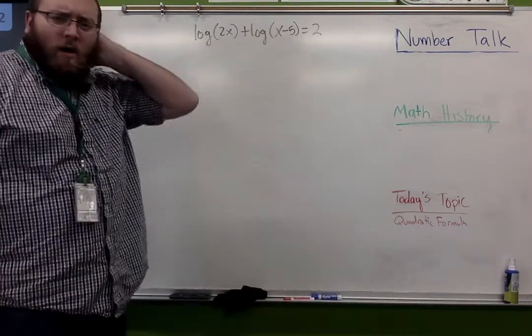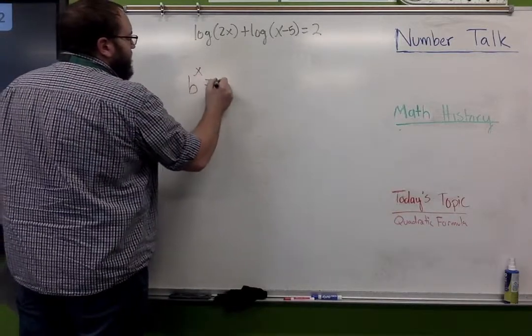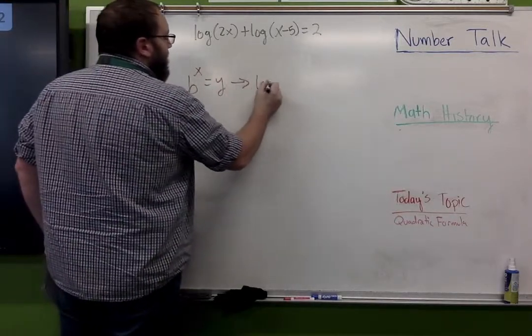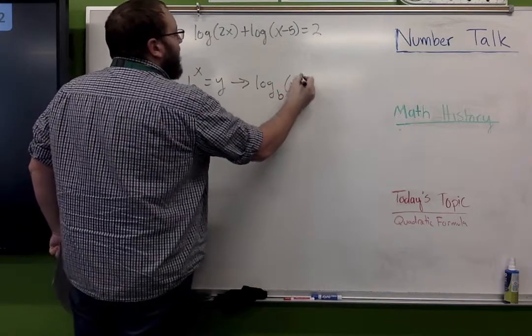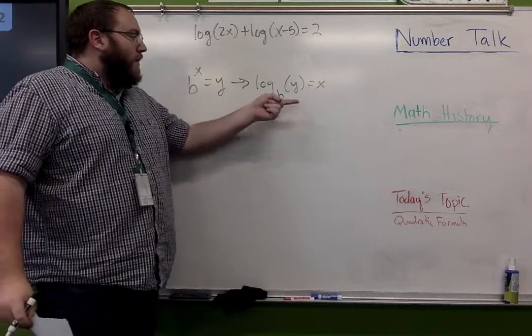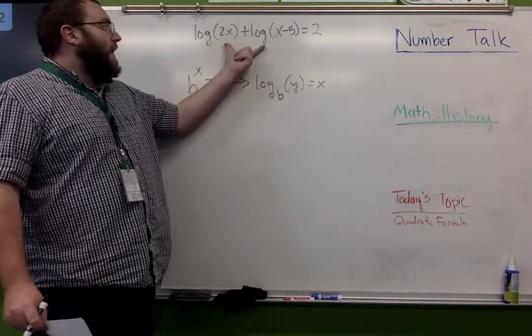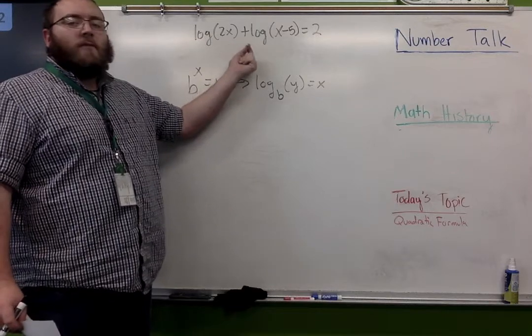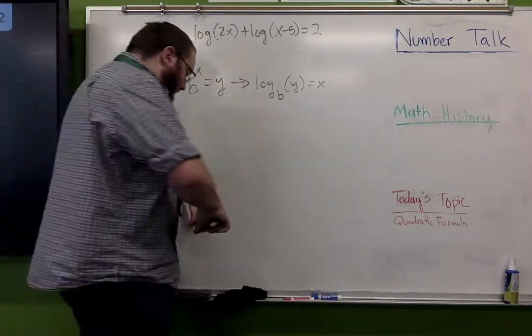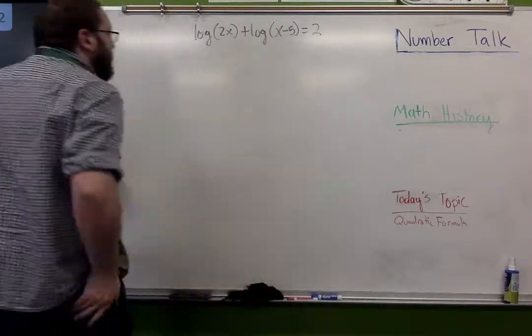But remember, our definition of logarithms, b to the x equals y, converts to log base b of y equals x. Notice when we convert, we need one logarithm by itself. So I need to condense these logarithms into one before I can convert. So let's do that. Let's condense into one.